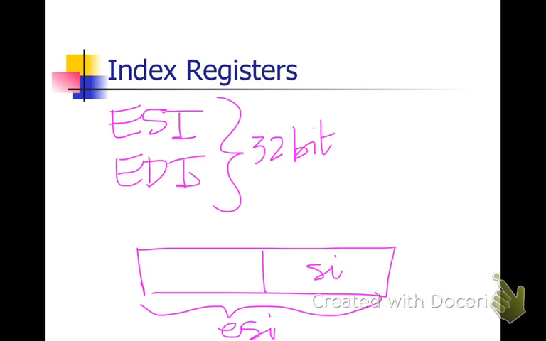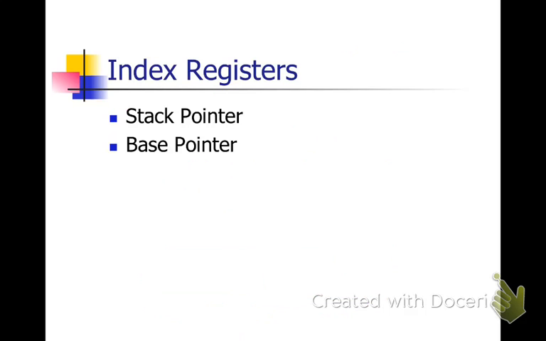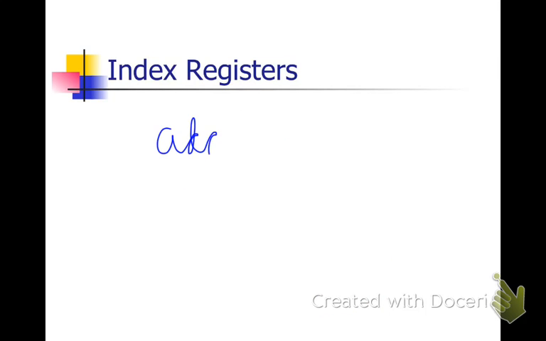What do these things do? Let me give you a couple of examples. Let's say I want to add sum to EAX, where EAX is my destination.